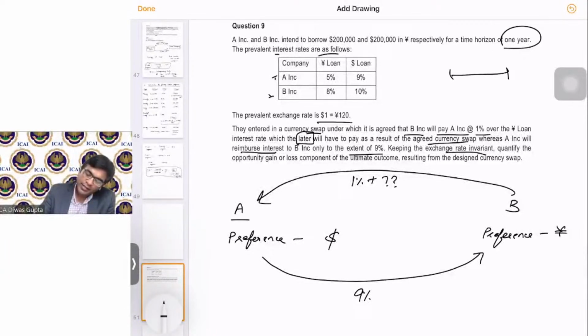So whatever is today's exchange rate, can there be a different exchange rate 1 year from today? So there is no change. That's what they are trying to say. Quantify the opportunity gain or loss component of the ultimate outcome resulting from the designed currency swap.